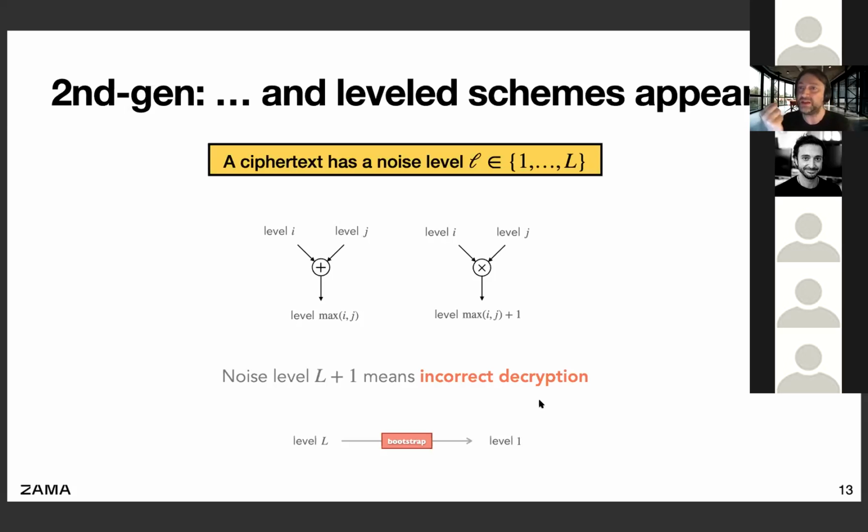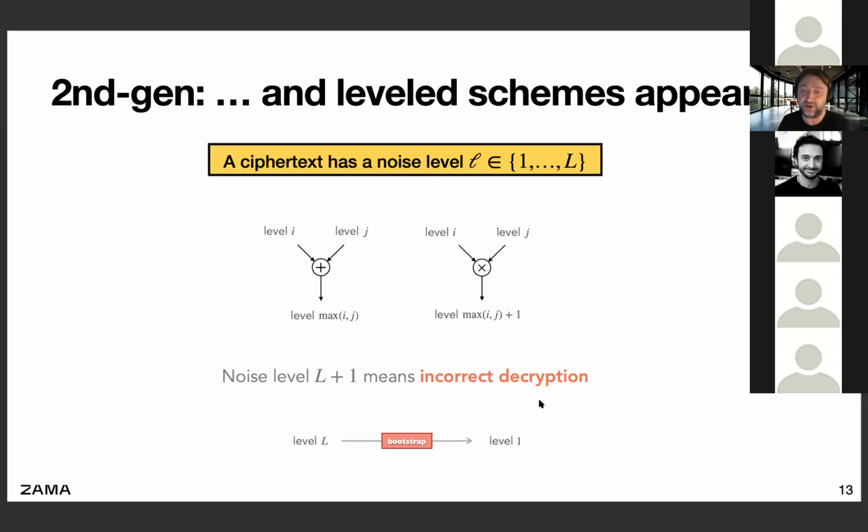But there is still this notion of bootstrapping. If you're desperate and want to continue with your computations, you can always apply bootstrapping, which has the good taste of taking a ciphertext that is maximally noisy and putting it back into the first level, or maybe the second, or at least at some point between 1 and the maximal level L, where you can go on with your computations.